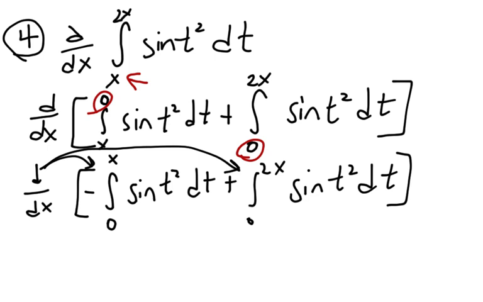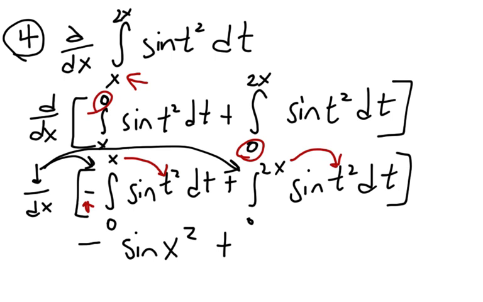And now it looks just like the second fundamental theorem of calculus. So the first piece, I'm going to send the x down here in place of the t. I do have this negative here in front, so that will still be there. Negative sine x squared plus, now this one I'm going to send the 2x down here in place of the t, but that is a function, not just an x, so I'm going to have to employ the chain rule there.